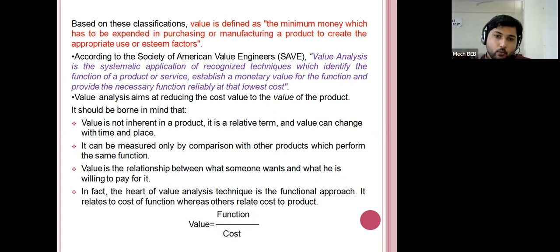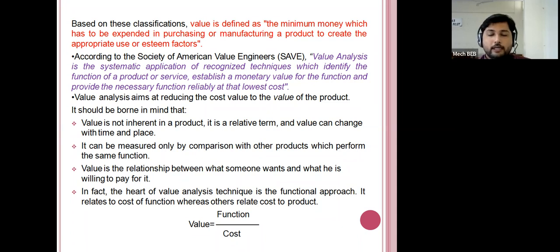Now, it can be measured only by comparison with the other product which performs the same function. So the value of that particular product will be compared with a similar kind of product. Okay, it will not be easily measured, but it can be compared with another product which is having similar kind of functions.